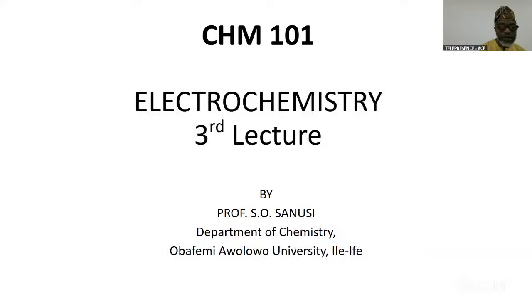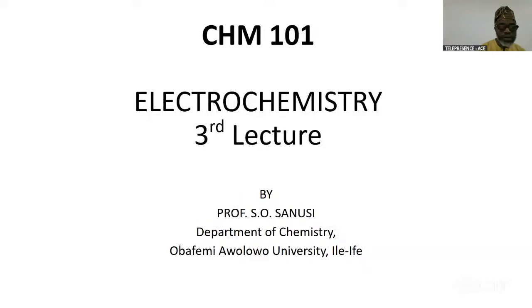The Daniell cell is an example. It converts chemical energy into electrical energy. Chemical energy, the use of chemical materials to produce electrical energy.